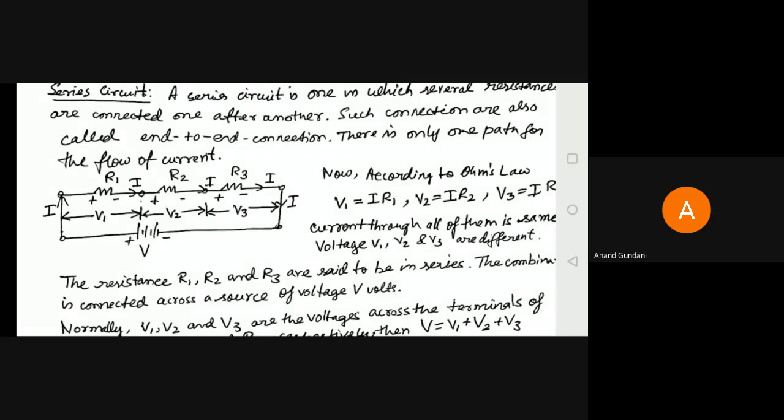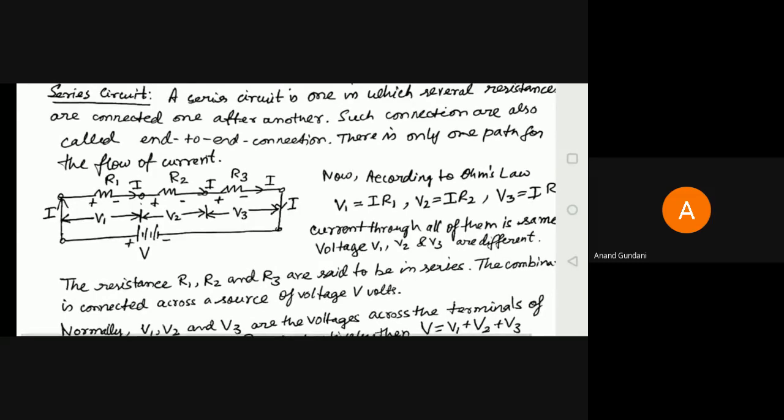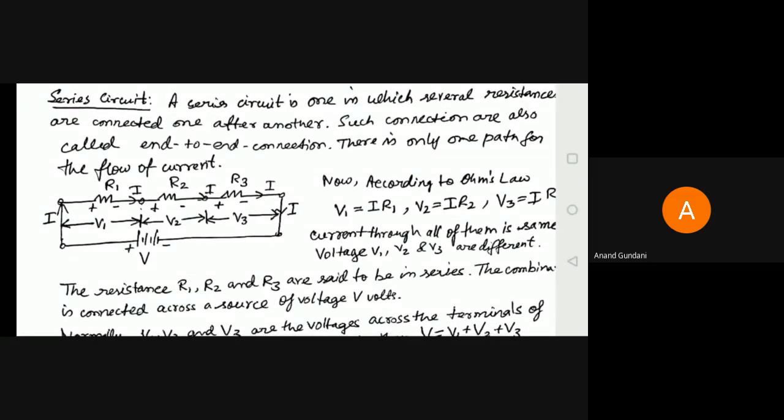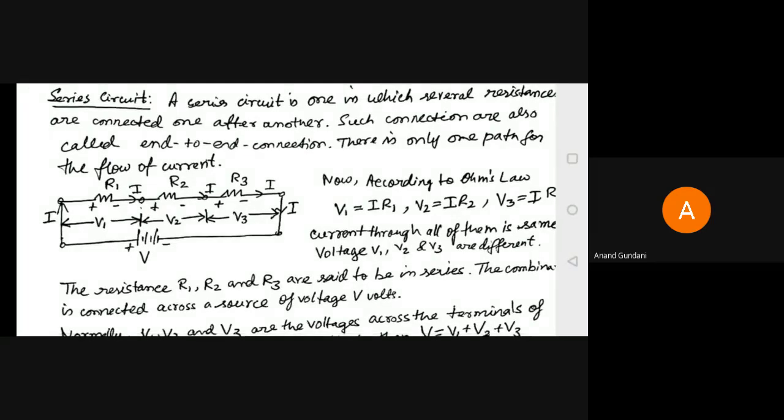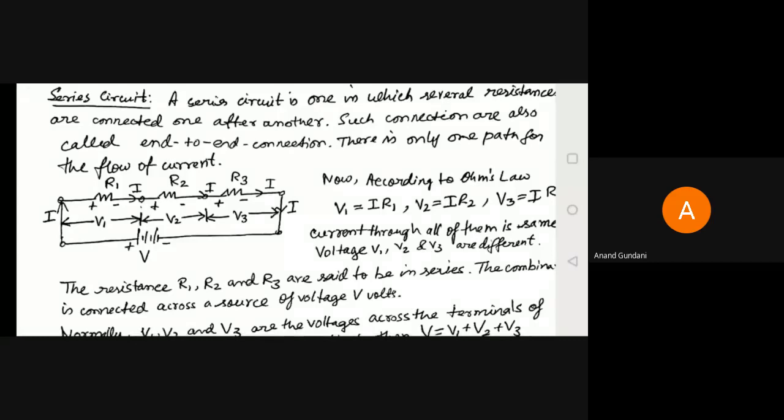Like this, it forms a one by one connection, which is sometimes called an end to end connection. So a series circuit is one in which several resistances are connected one after another. Such connections are also called end to end connections.